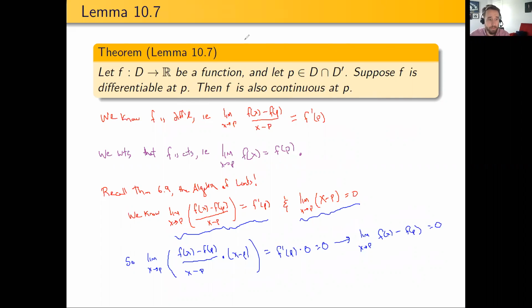And because f of p is just a constant, the same algebra rules involving limits will allow me to add f of p to each side here. So what we get in the end is that the limit as x goes to p of f of x is actually equal to f of p, which is exactly what we were trying to show.